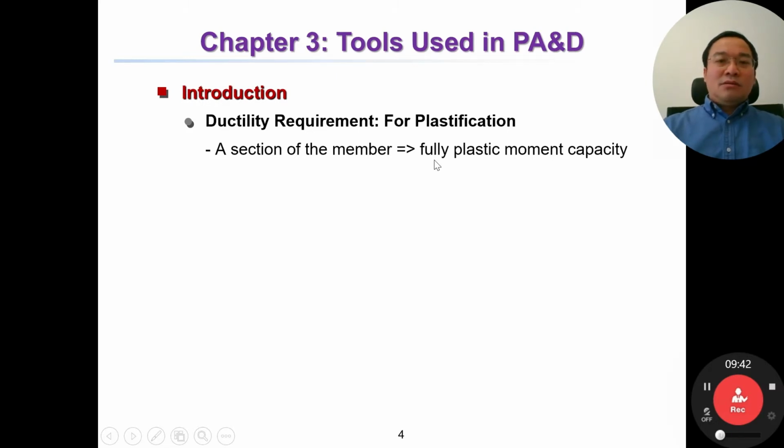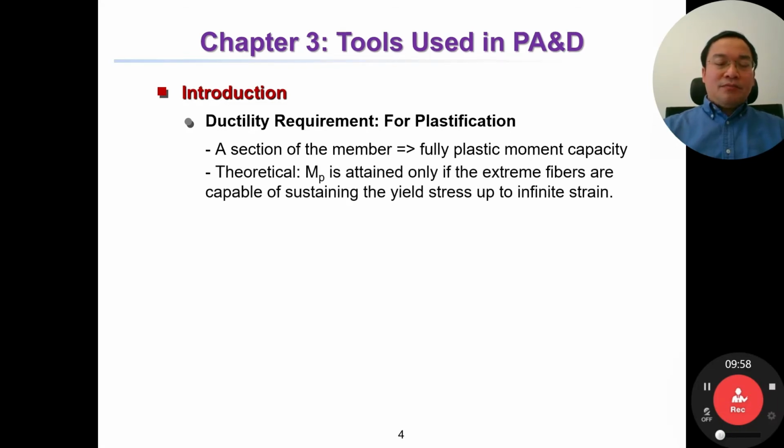It means to obtain the full plastic moment capacity of the section. In theory, the fully plastic moment is obtained only if the steel fibers are capable of sustaining the yield stress up to infinite strain. That is theoretical.